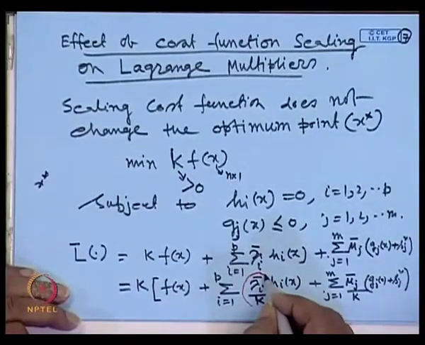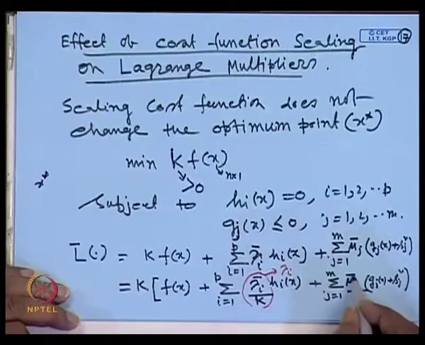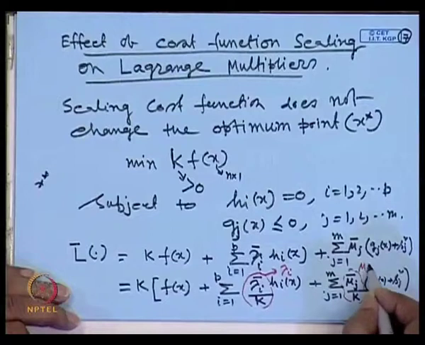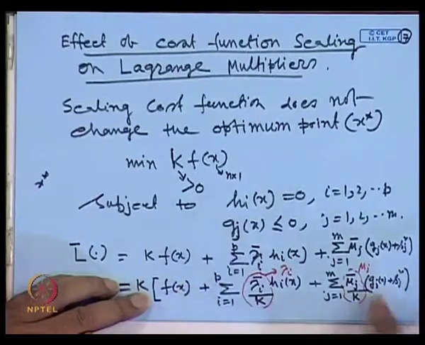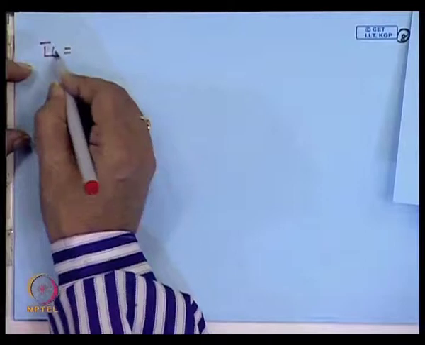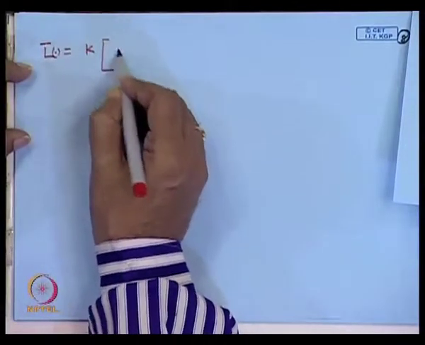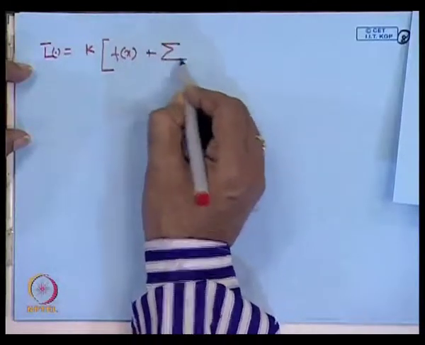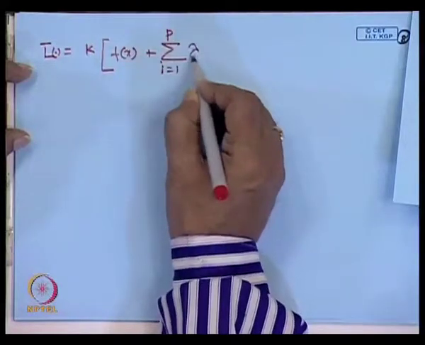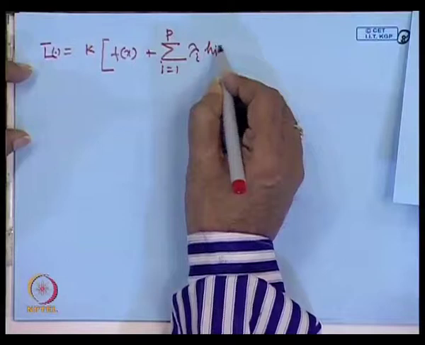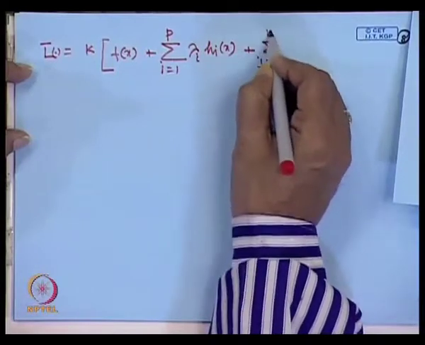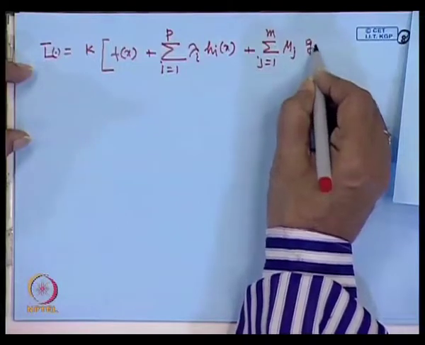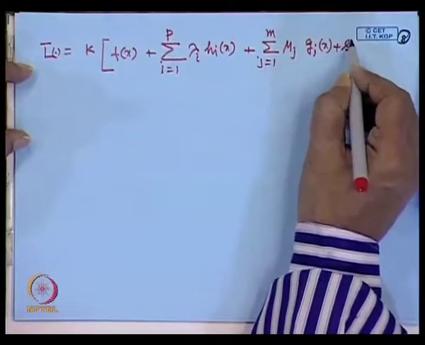So, I denote this one by lambda i and this one by mu j. Now I can write L bar equal to k into f of x plus summation of i equal to 1 to p lambda i h i of x plus summation of j equal to 1 to m mu j into g j of x plus s j square.